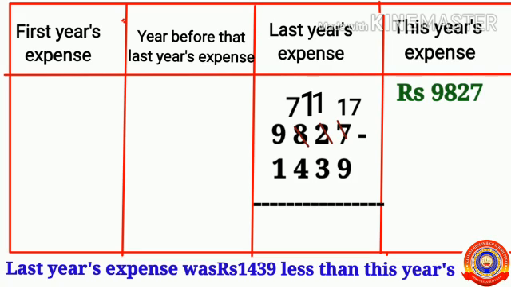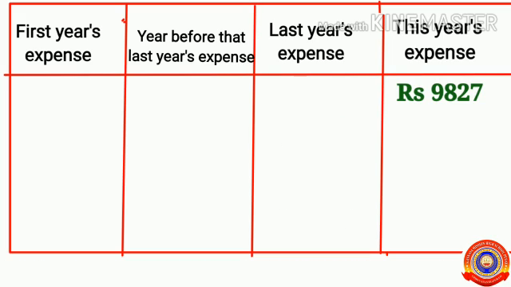Then let's subtract. 17 minus 9, 8. 11 minus 3, 8. 7 minus 4, 3. And 9 minus 1, 8. 8388. Last year's expense was 8388 rupees. Next, we have to find the expense of the year before that last year.